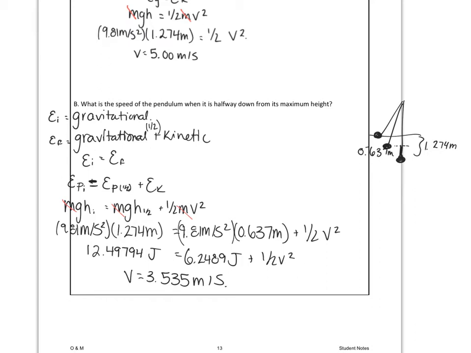Because I didn't use the mass, I can just use the significant digits from the height. What you could have also said, I have an or in my notes here, is that the kinetic energy at half is equal to the potential energy at half. And go through and solve this way, and you're going to get the same velocity in this case.